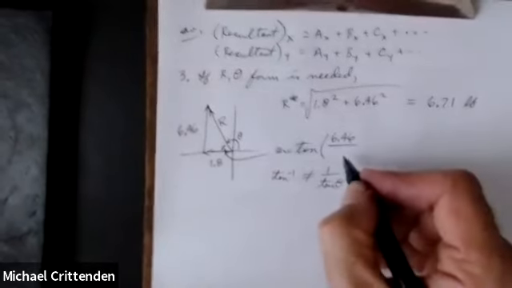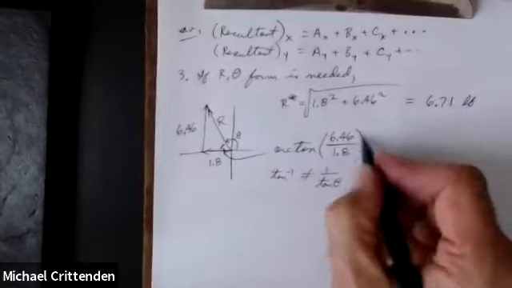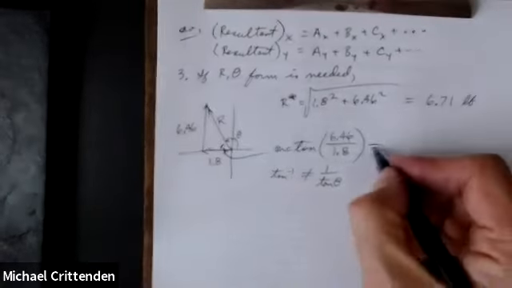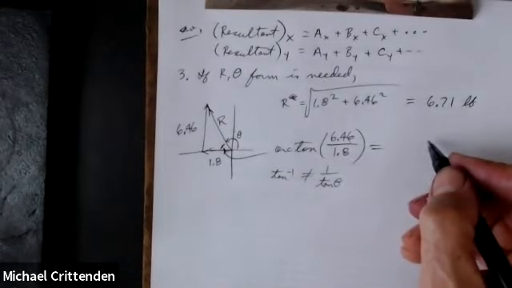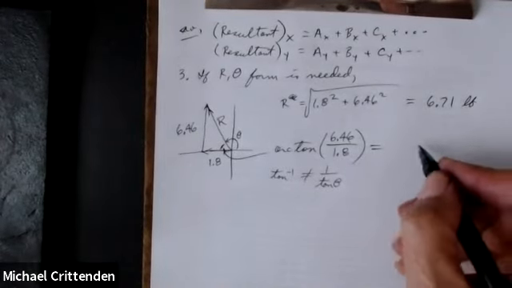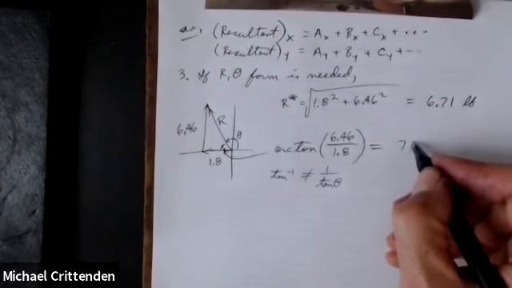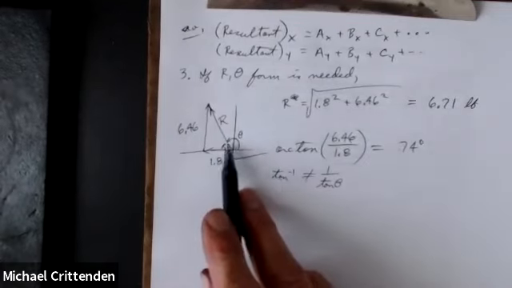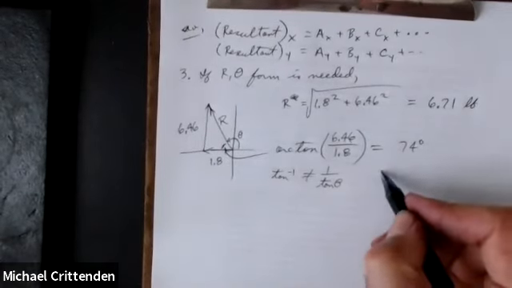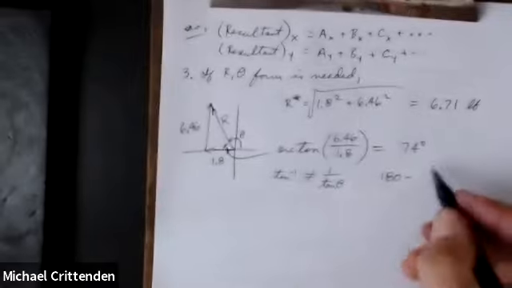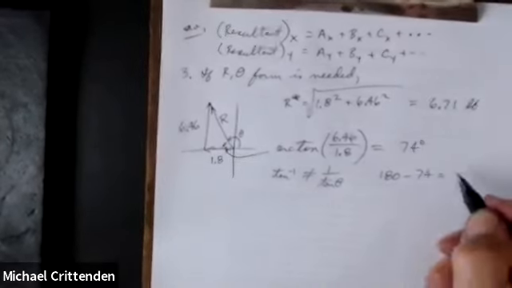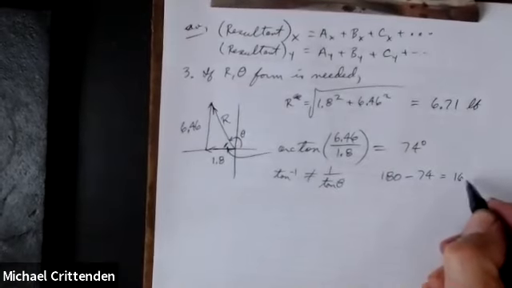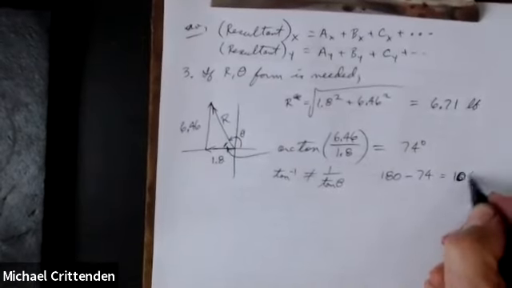6.46 over 1.8. So you divide, you go second function tangent on your calculator, and it comes out, looks like 74 degrees. So the angle measured from the positive side of the x-axis would be 180 minus 74, which is just a little under 106 degrees.